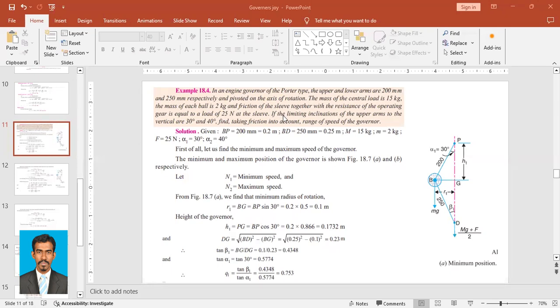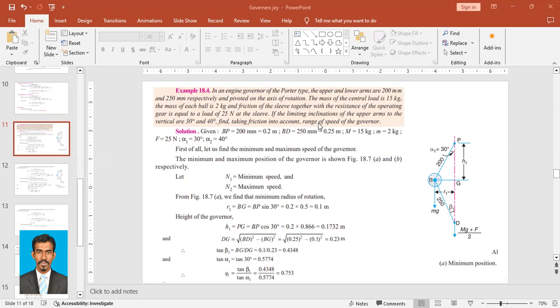If the limiting inclinations of the upper arms to the vertical are 30 degree and 40 degree, so the limiting inclination is given, and it can go from 30 to 40.